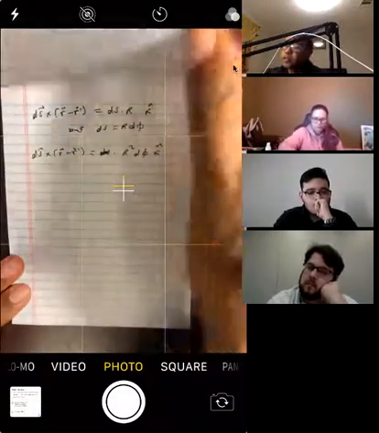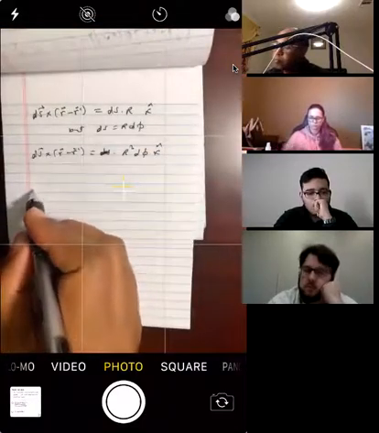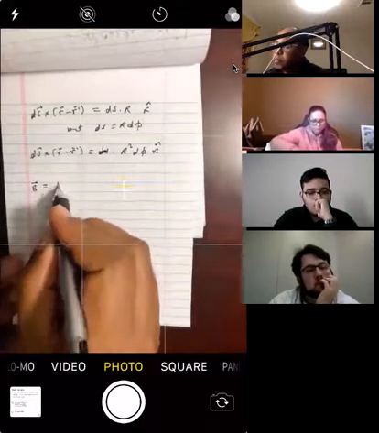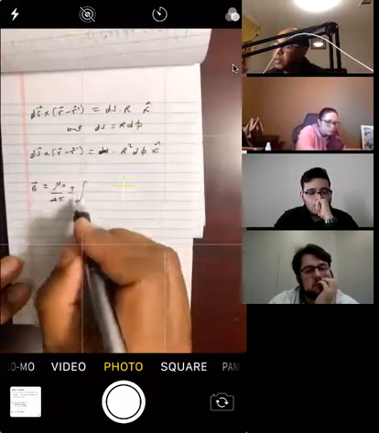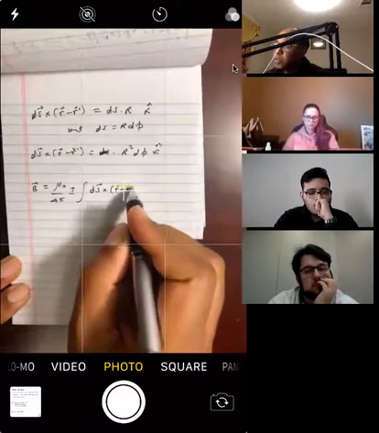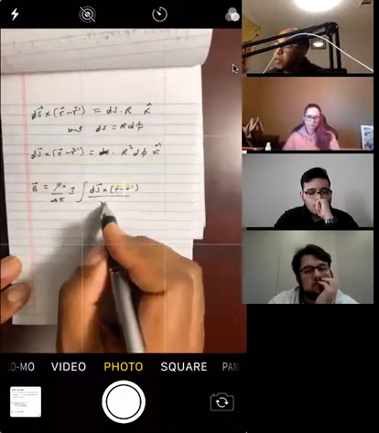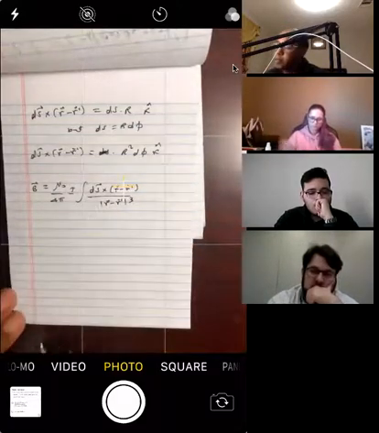I can go to my integral now. B is mu naught over 4 pi times the current, the integral of ds crossed with r minus r prime, divided by the magnitude of r minus r prime cubed. Let's substitute the values.